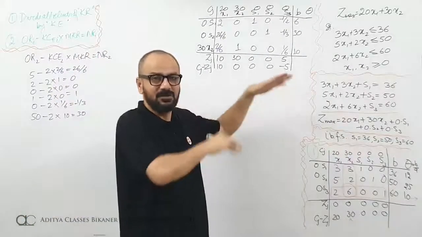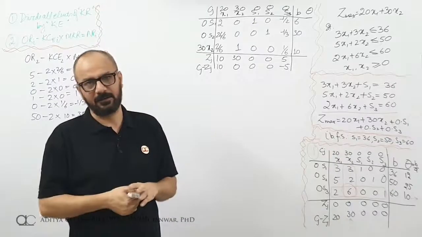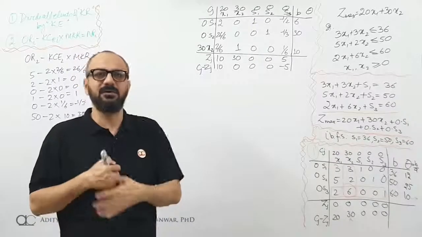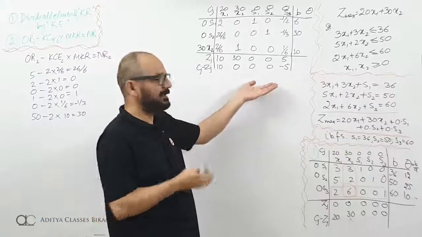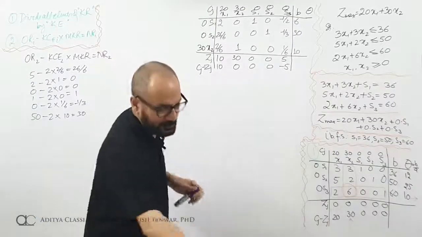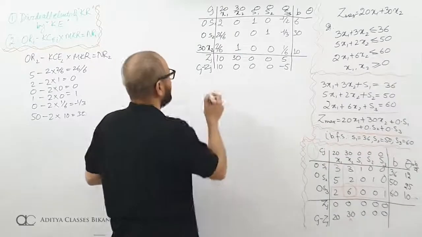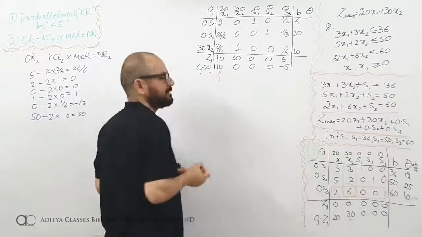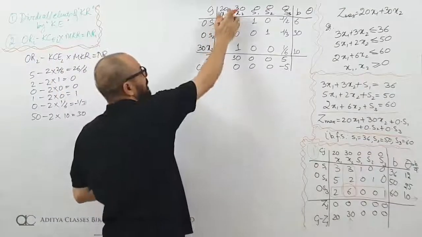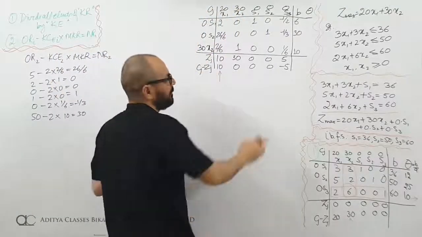This is negative, so in fact it will wipe away your profits. It will take your solution to negative. At least it will give you a loss of 5. This is the positive, this is the most positive. The most positive will give me my key column and incoming variable. X1 is my incoming variable.